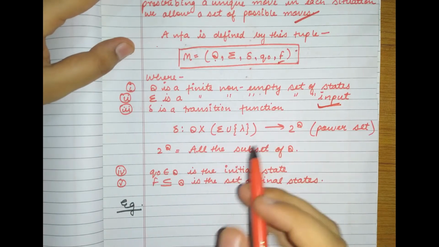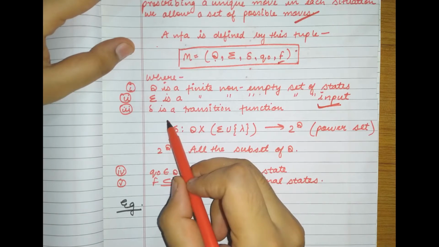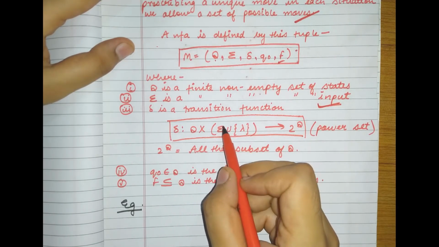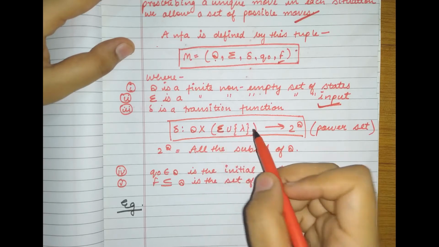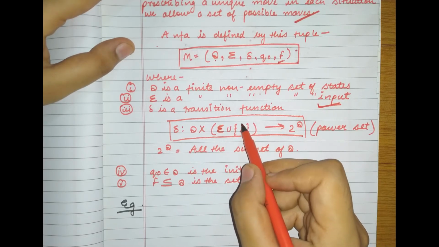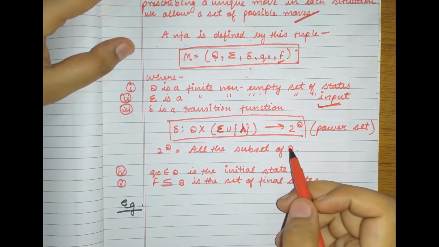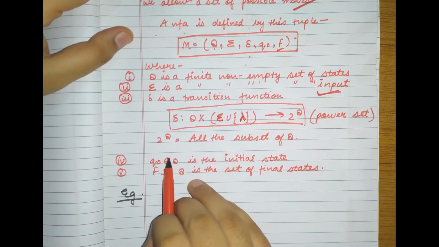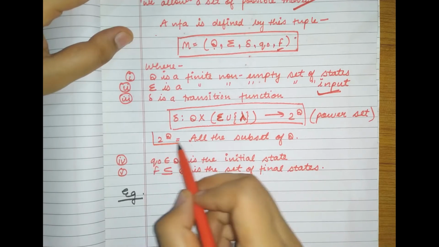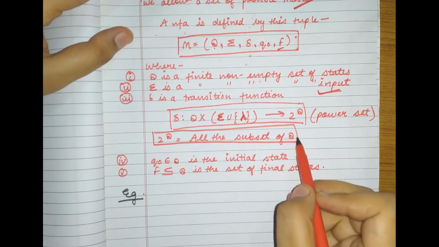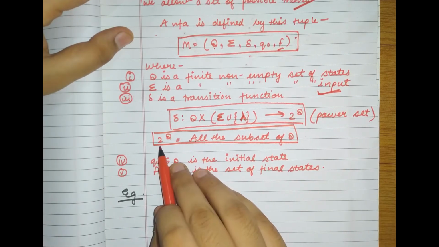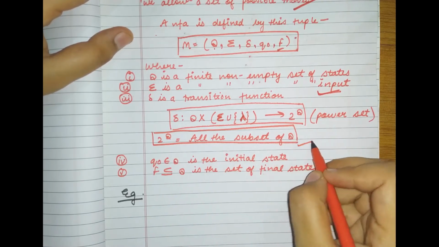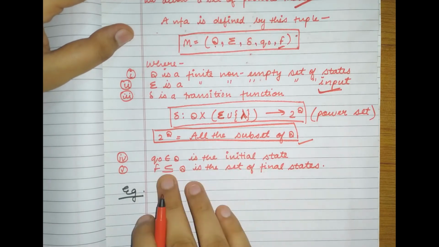And delta is the transition function here. Along with the input symbols, we also include null or lambda in the NFA. So this is our power set, which we can also represent as 2 to the power Q, equal to all the subsets of Q. What is q naught here?